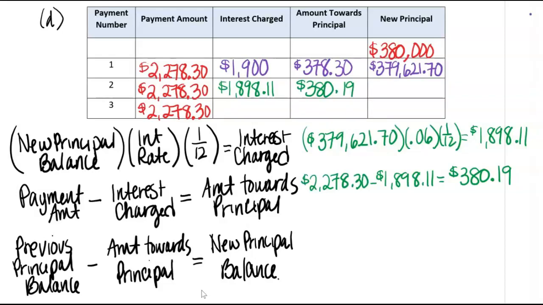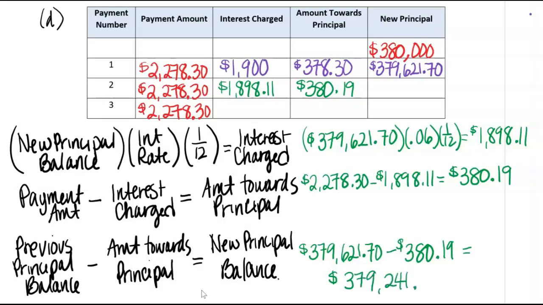For the new principal balance, we take the previous principal balance, which is $379,621.70, minus the amount that went towards principal, which is $380.19, which gives us a new principal balance of $379,241.51.